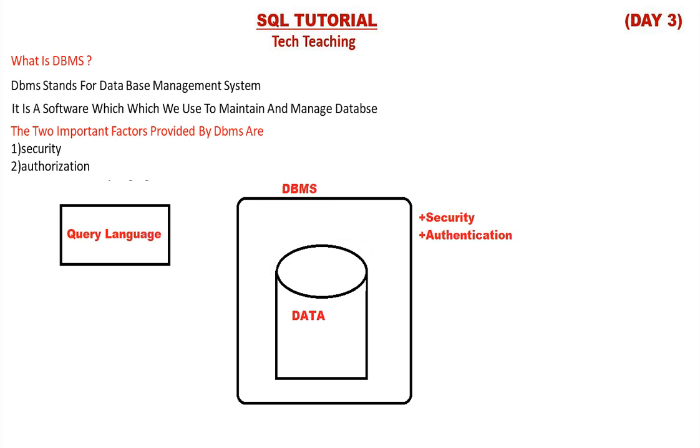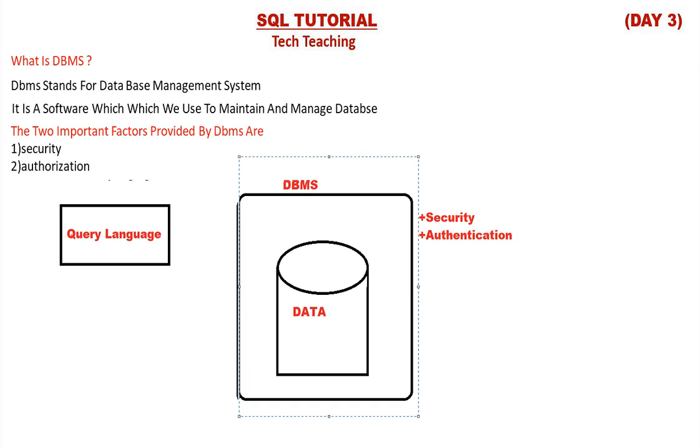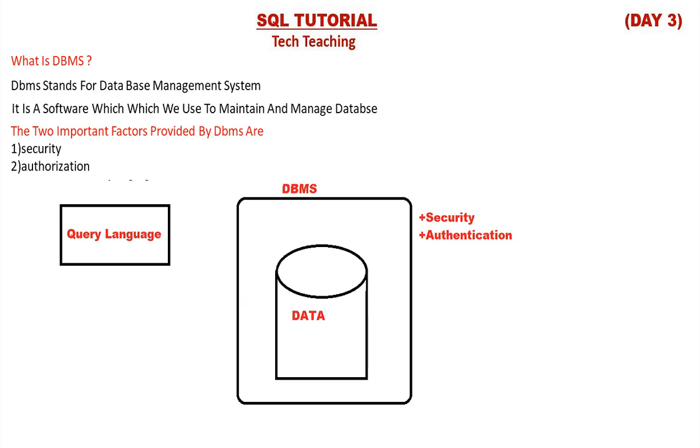Now DBMS has some functionalities which are used to maintain the database. DBMS provides functionalities like security and authentication. What does security mean? If you have a database, then it must be secure, right?